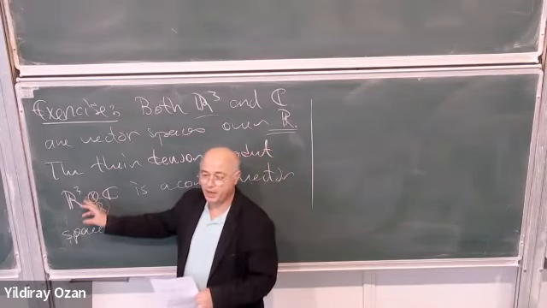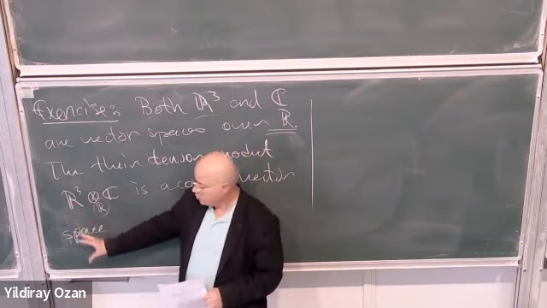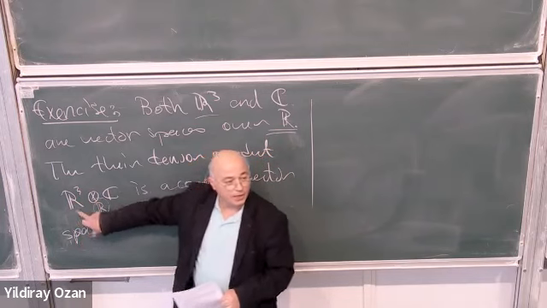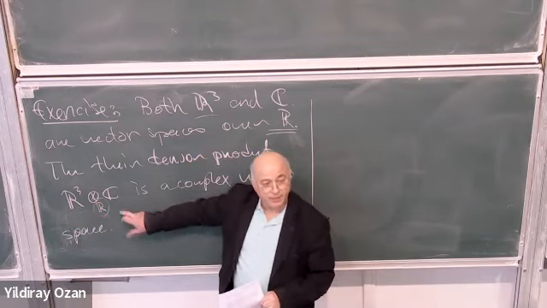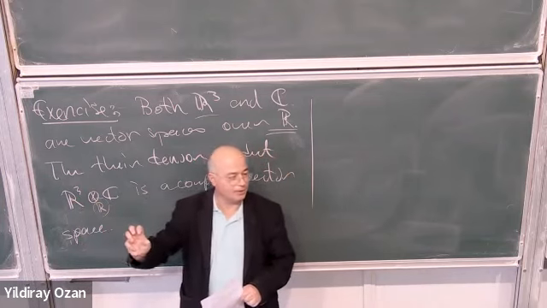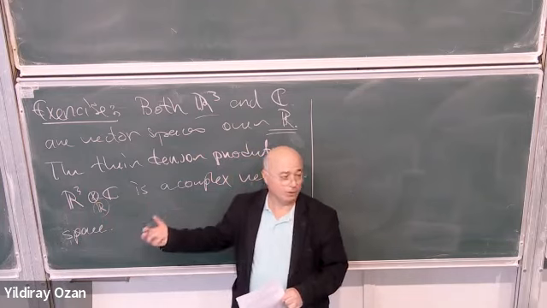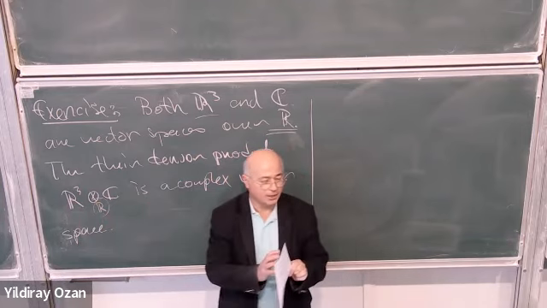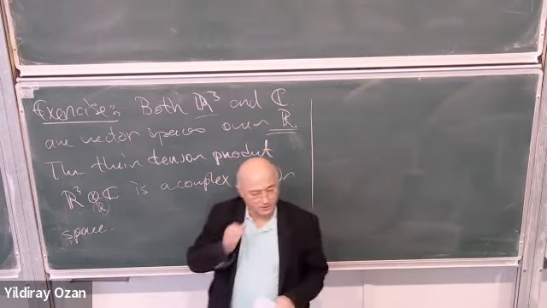You can put any real vector space. If you have any real vector space and you tensor it with C, then it becomes a complex vector space. So that's another nice property of tensor products. It allows you to extend your base field. Yes.